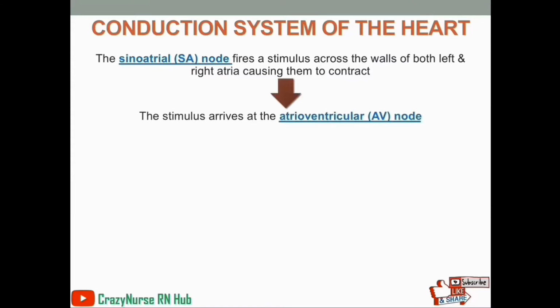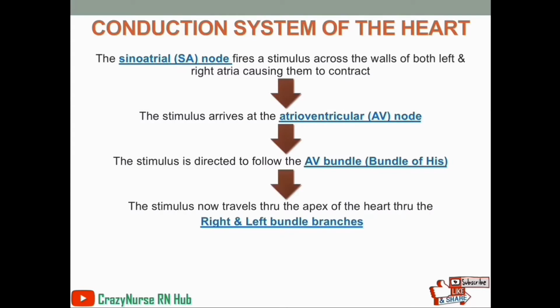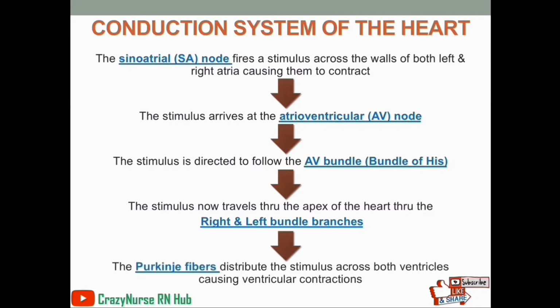Then the stimulus arrives at the atrioventricular or AV node. Then it goes to the AV bundle, or your bundle of His. The stimulus now travels through the apex of the heart through the right and left bundle branches. Then lastly, the Purkinje fibers distribute the stimulus across both ventricles, causing ventricular contractions. So the process goes on and on. So that is the conduction system of the heart.